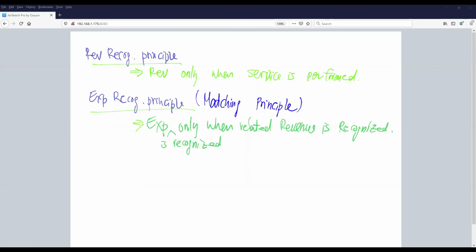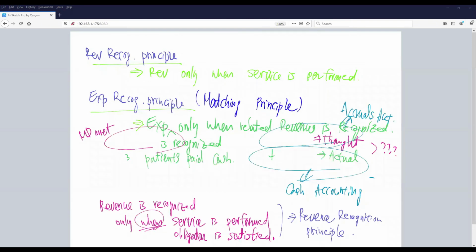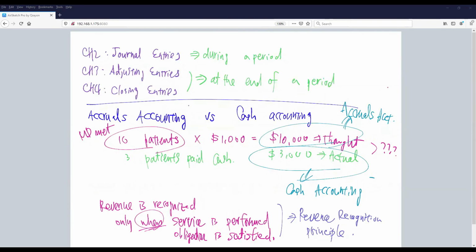Okay, right. We've talked about two important principles about accruals accounting, and why are we talking about this? These are the reasons why we need to prepare adjusting entries. Then what are adjusting entries?